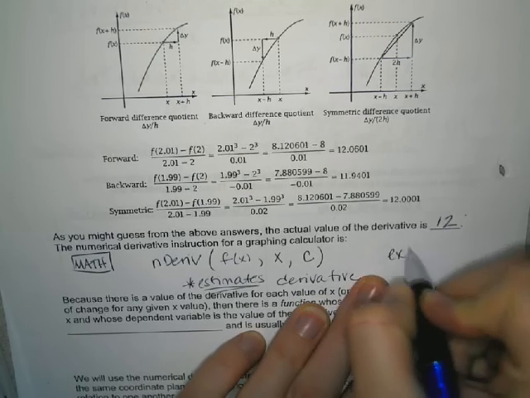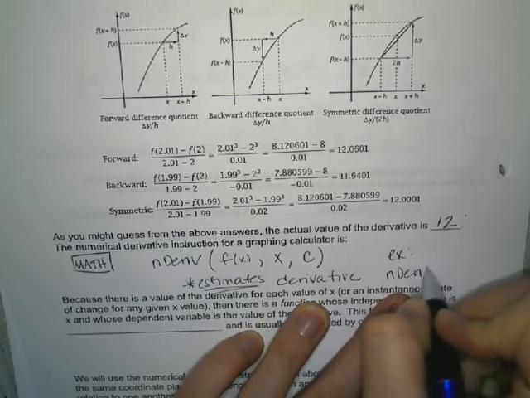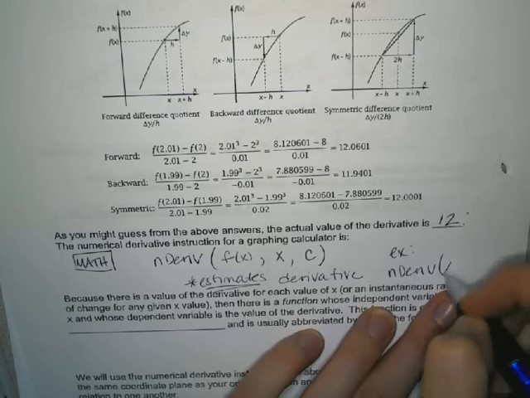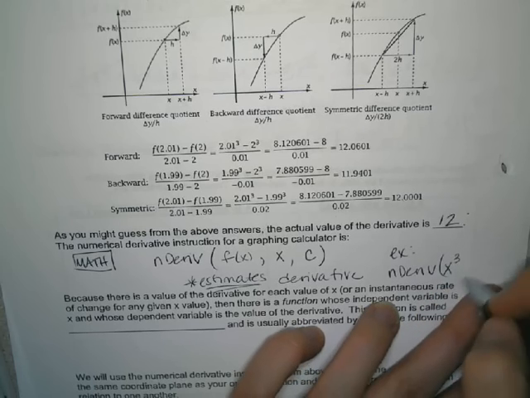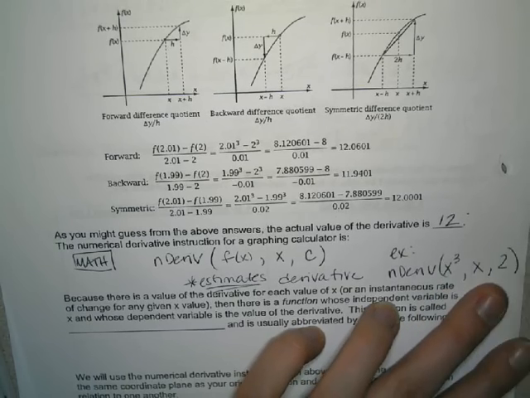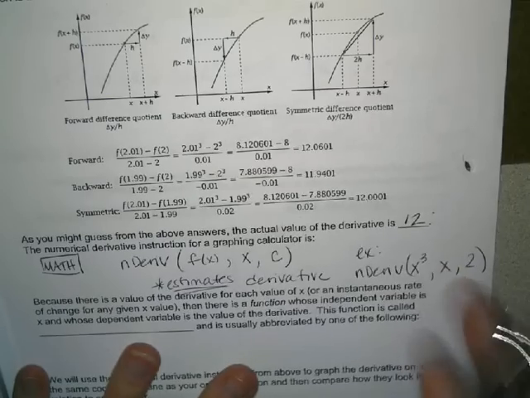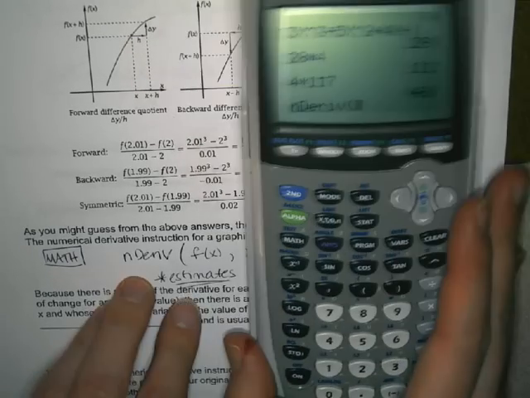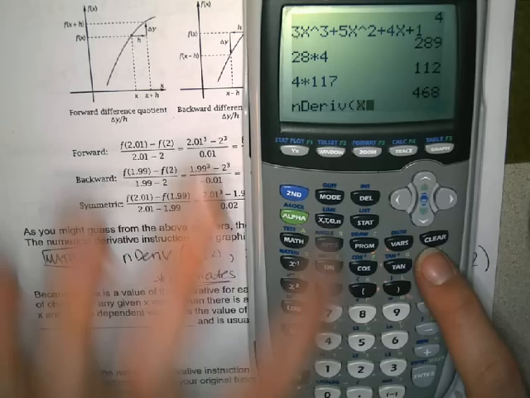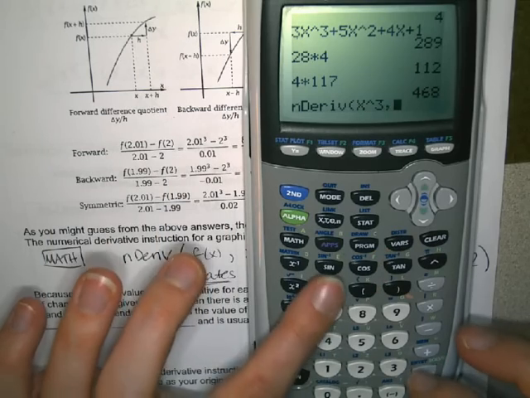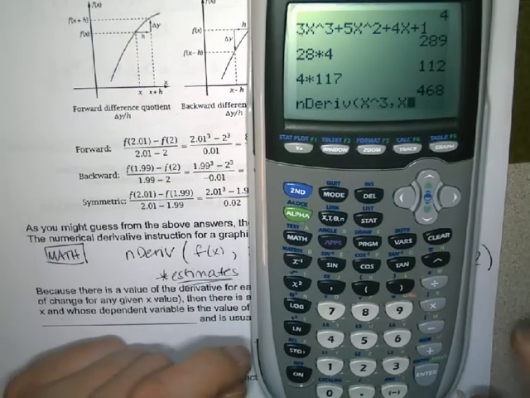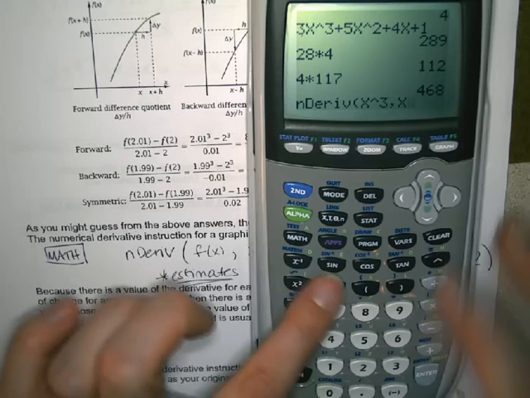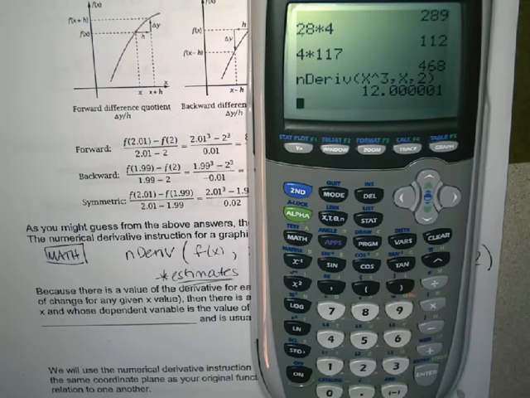So an example of this that we're going to do, to put it in, is NDeriv. You're going to take the function x cubed, your independent variable is x, and the value we're plugging in is 2. And that represents this up here. So let's look and see what happens. If you put in x cubed, then a comma, and then x, your independent variable, and then comma again, and then the value we want, it gives you 12.